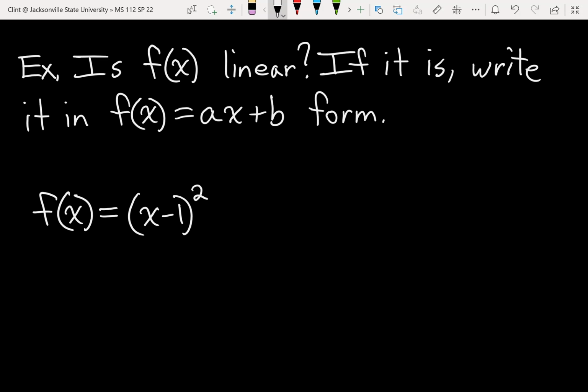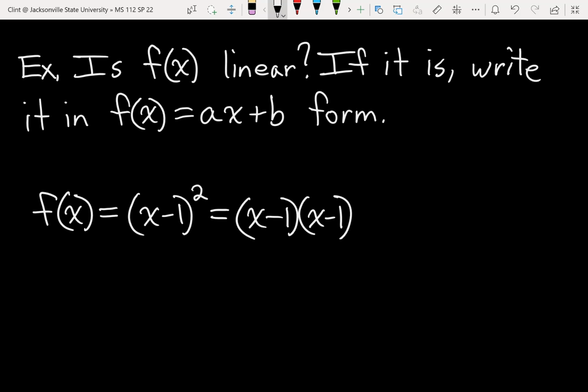The way we can tell is if we can put it in this ax plus b form, it's linear. If we can't, it's not linear. Okay. So if we're going to try and put it in ax plus b form, maybe you can look at it and tell it's not. This one's not. Okay. But if we go to try to put it in ax plus b form, the first thing we would need to do is pull this out, multiply it out.